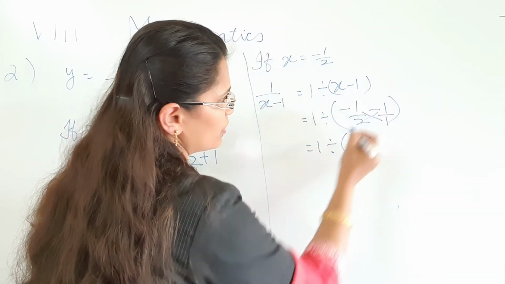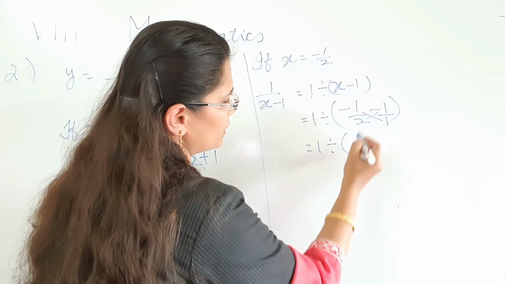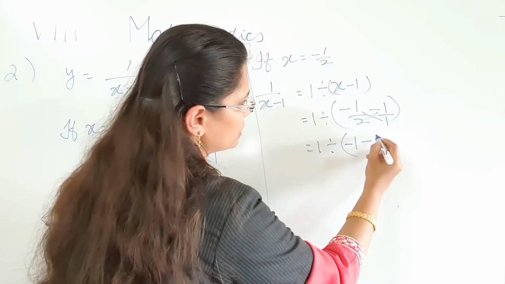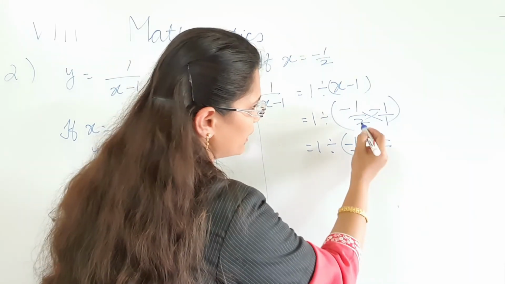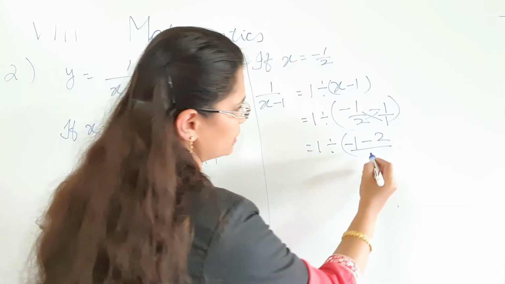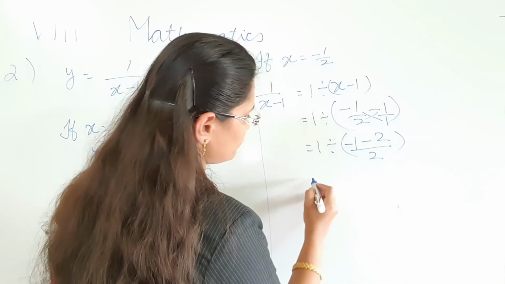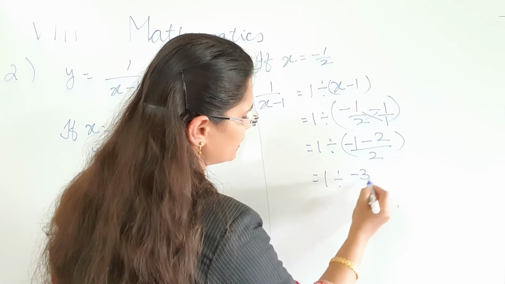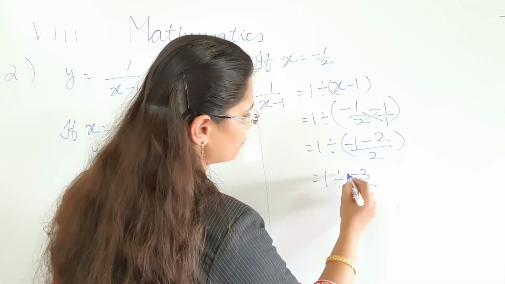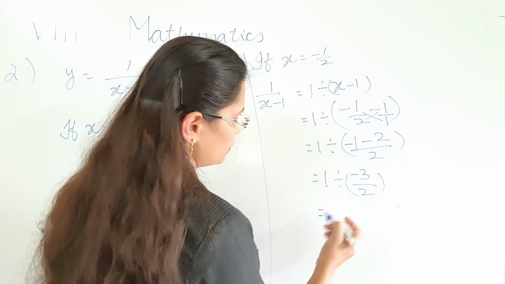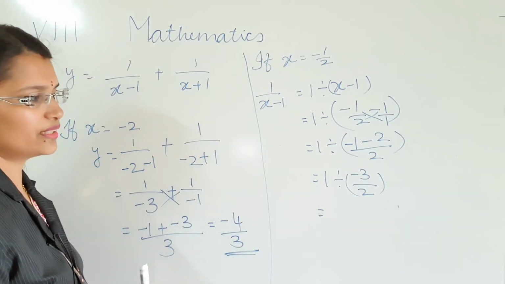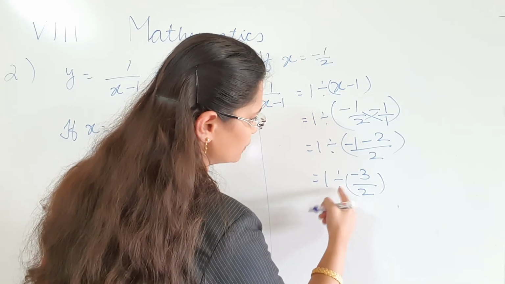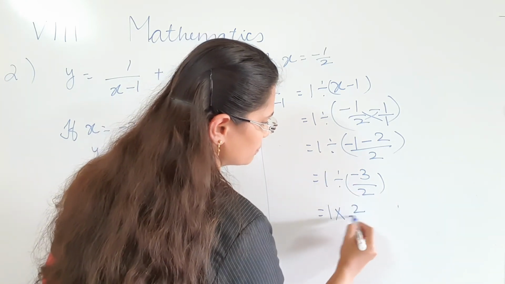So, cross multiply it: 1 into minus 1 is equal to minus 1, minus 2 into 1 is equal to 2, divided by 2 into 1 is equal to 2, is equal to minus 1 minus 2 is equal to minus 3 divided by 2. How to divide a fraction, children? Take the reciprocal and then multiply: 1 into 2 by minus 3.